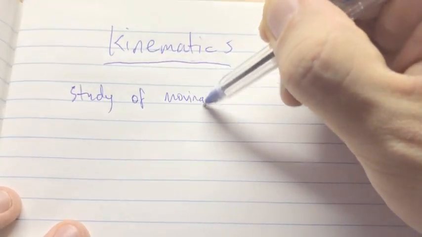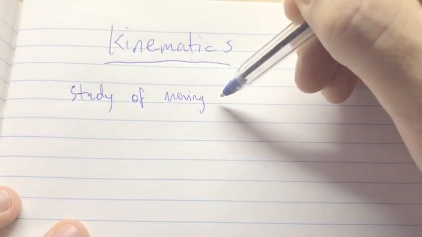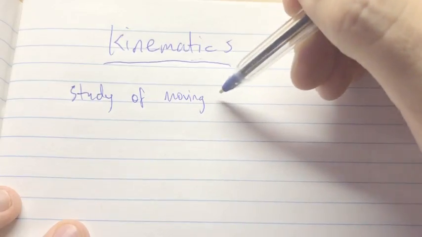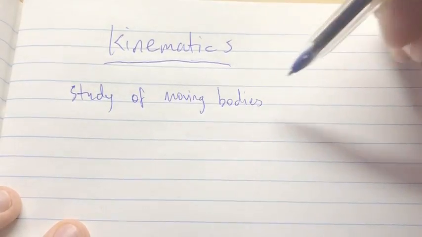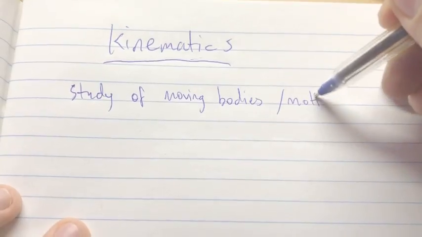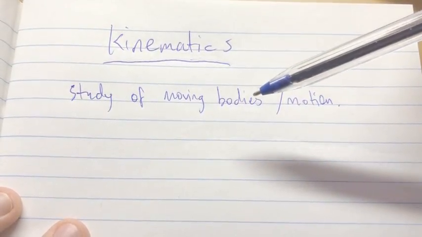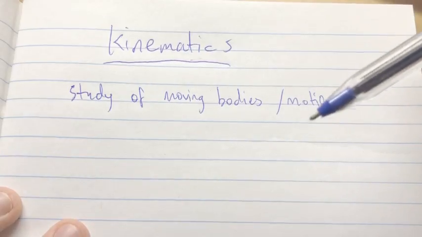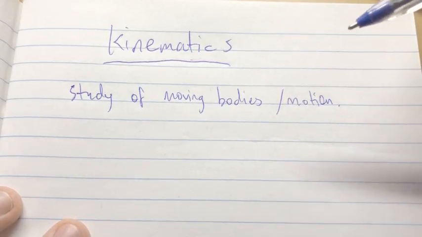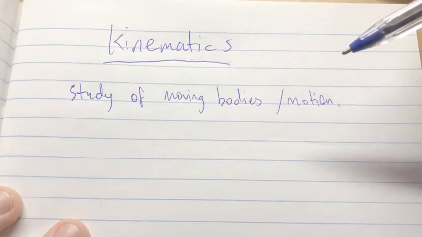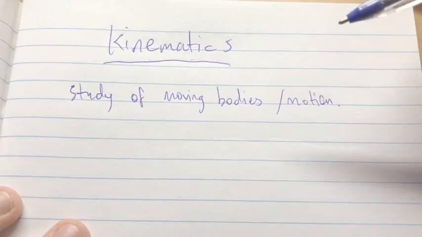So the study of moving, study of motion, study of moving bodies. It's actually misleading if I say bodies, because we really think of everything as just a point, okay? So just the study of moving points even.